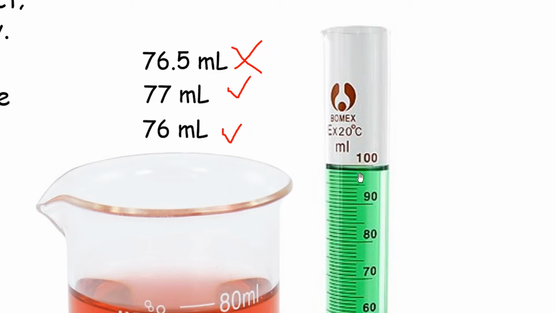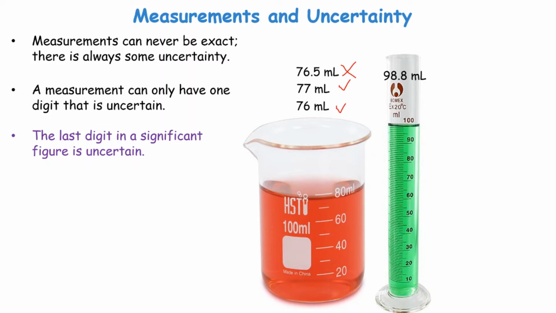I know for sure the volume is greater than 98 milliliters. So we can estimate it as 98.8 milliliters, or someone else may estimate that as 98.7 milliliters. So then the last digit is uncertain.